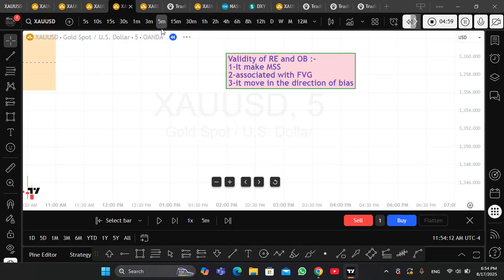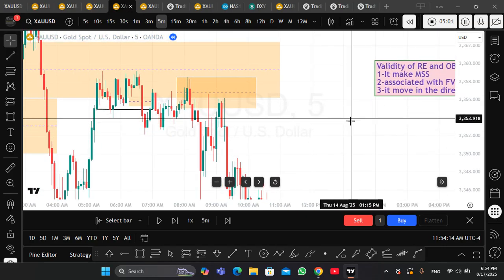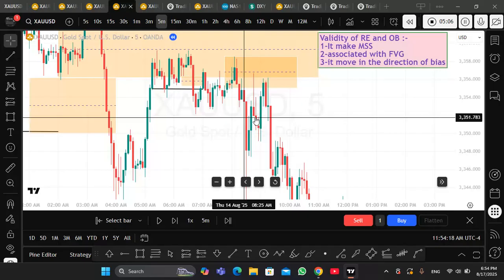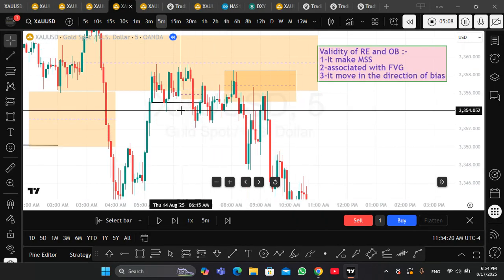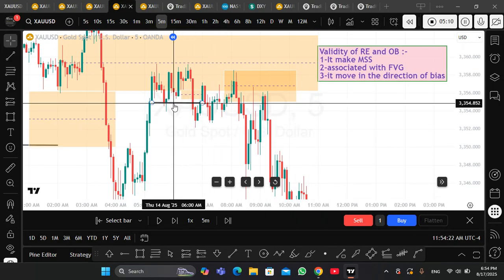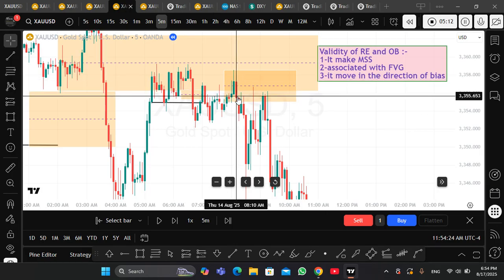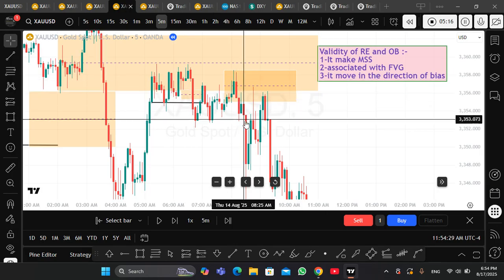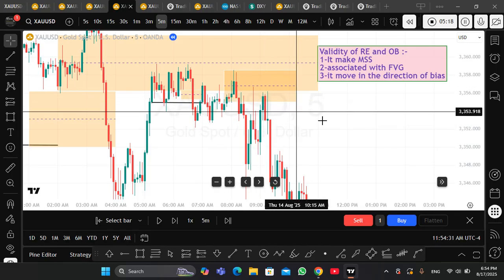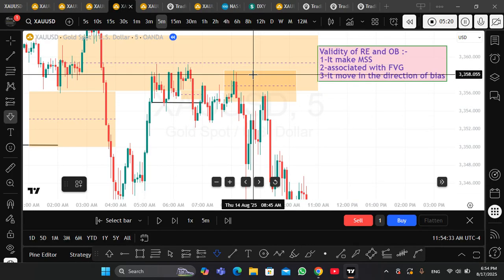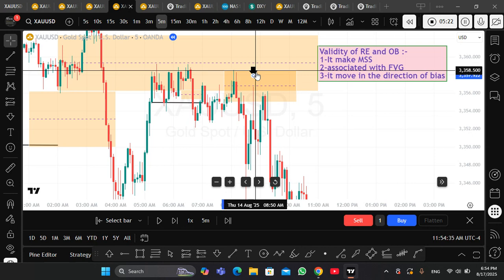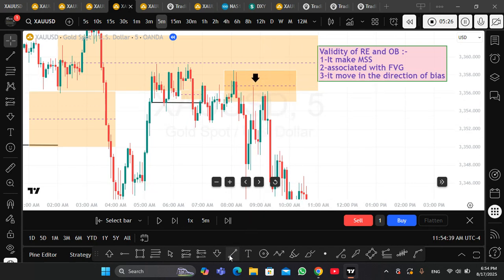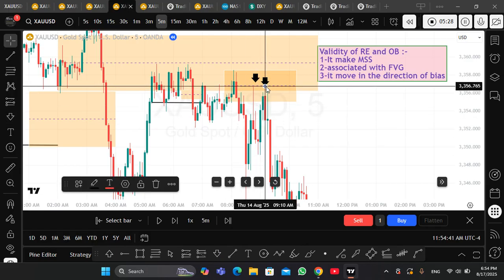And when we change it to 5 minutes, you can see very beautifully how these features work here. After the market structure shift in this area, and this rejection block, we can enter in this area and in this area. We can enter and make a sell in this area, and also in this area.